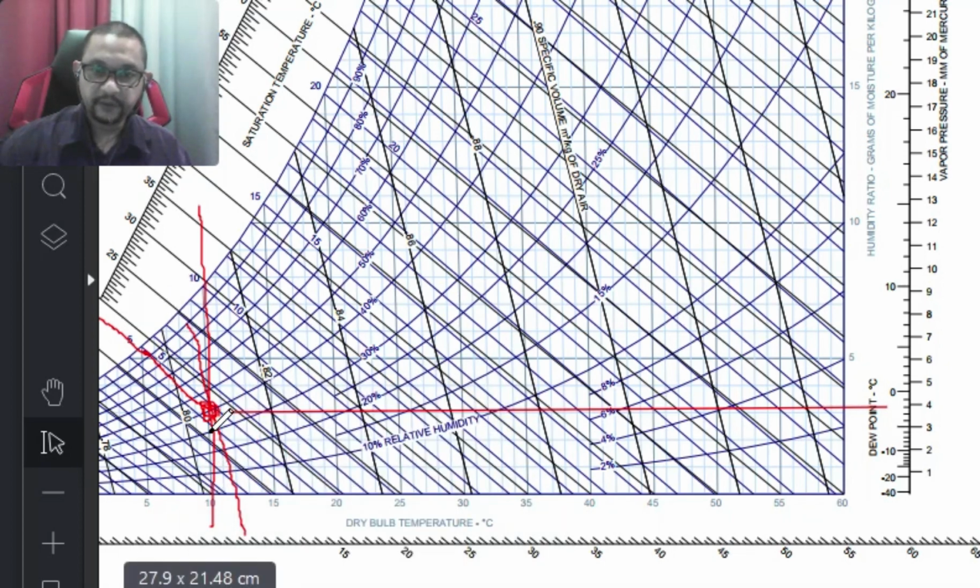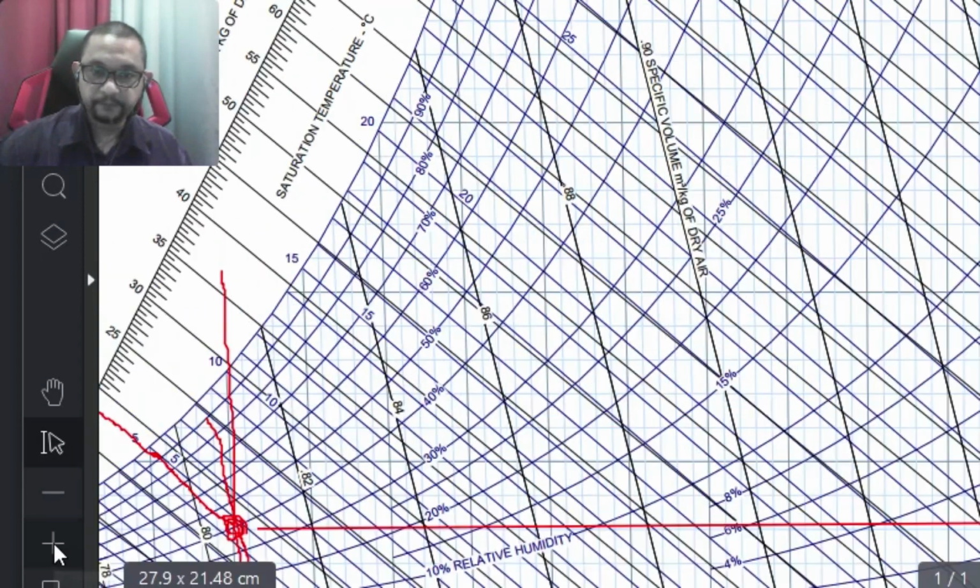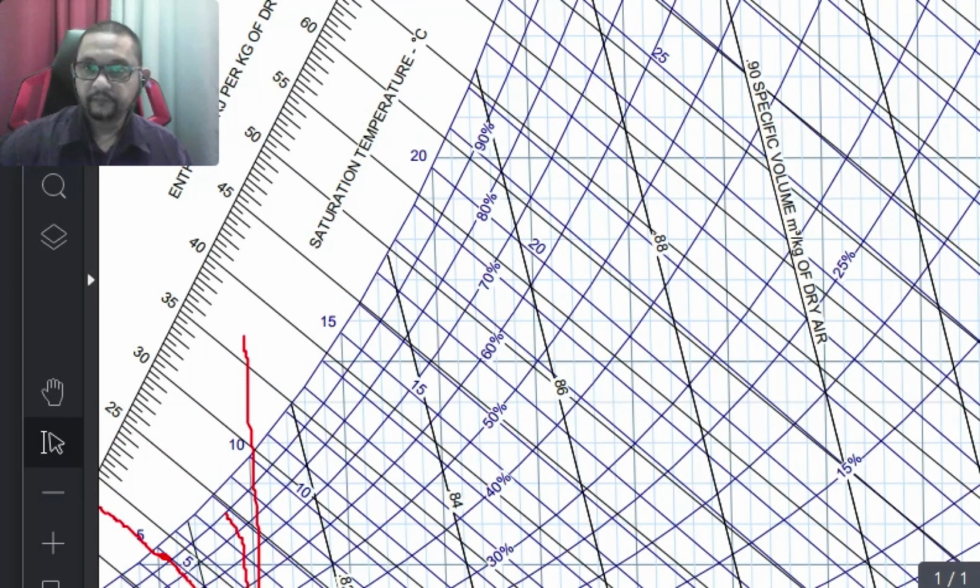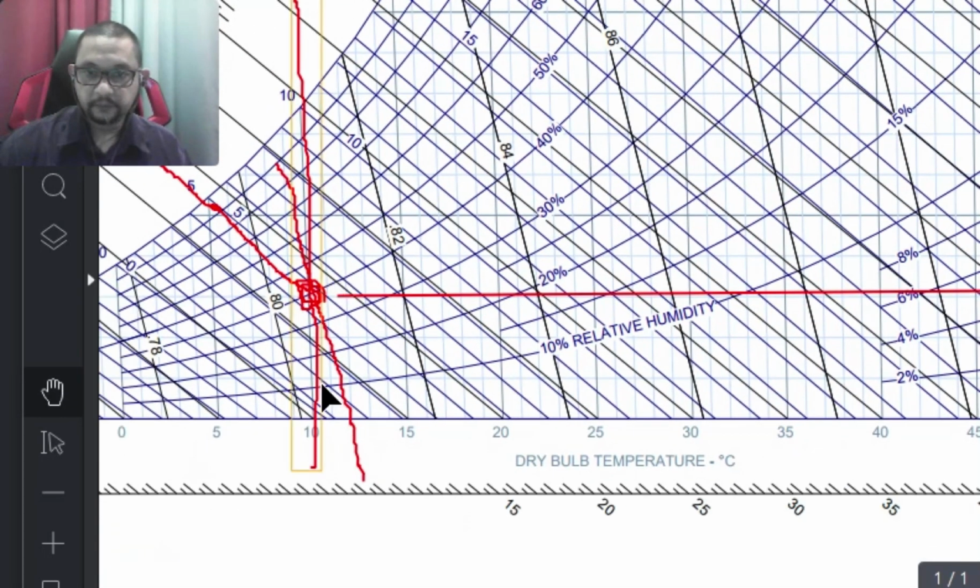From here, this is 0.80, this is 0.81, but the line is in between 0.80 and 0.81.